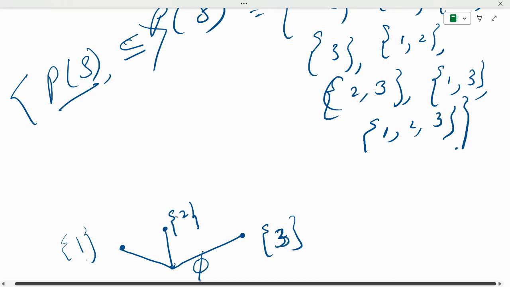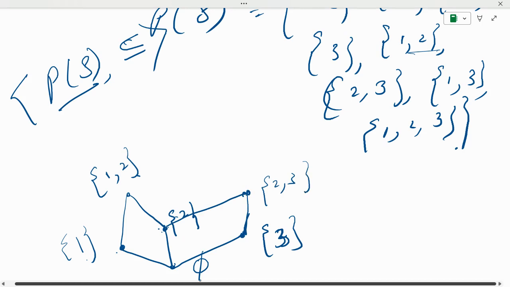Then we have 1 2. For this, if we construct, phi, 1 and 2 are the subsets for 1 and 2. For 2 3 we can construct like this. So for 2 3 it will be phi, 2 and 3.